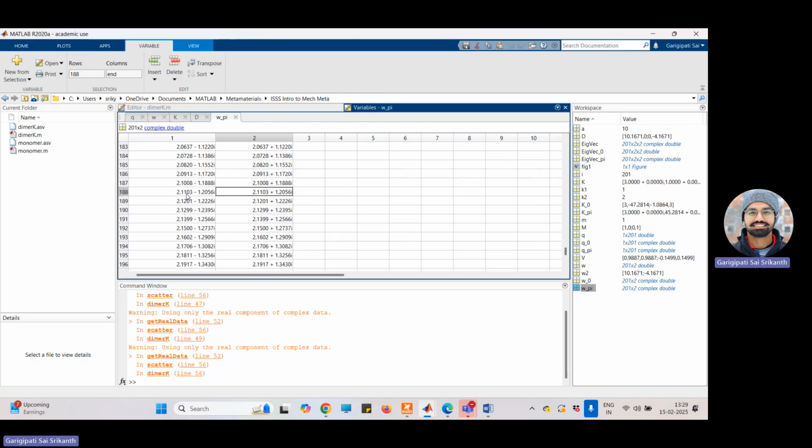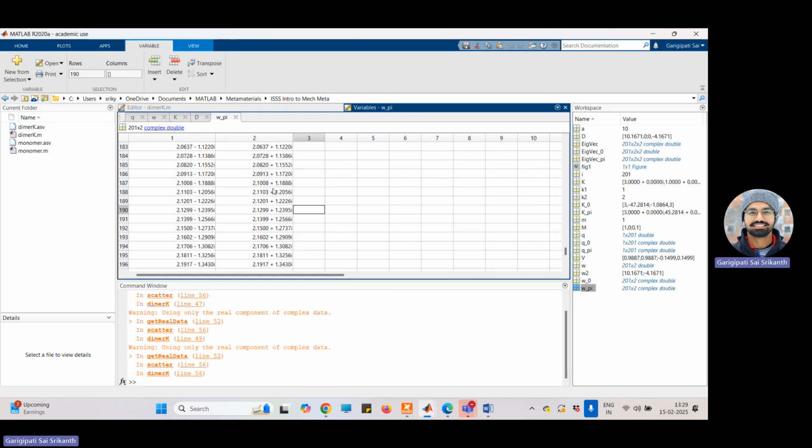It's a simple spring mass model without any viscosity or material damping. So if it does not have any dissipation, then these imaginary values should not exist.